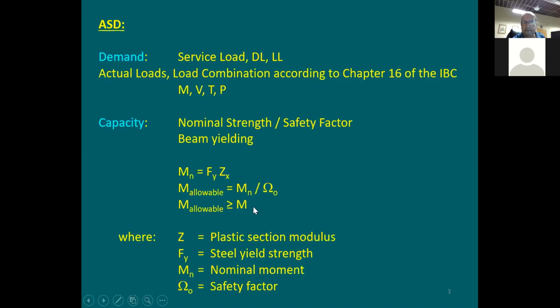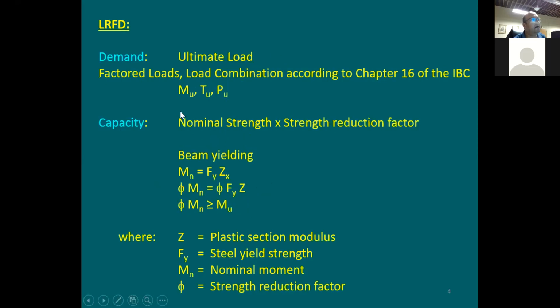Let's take the same two numbers, 100 for the service-level demand, and 200 for Mn, and see what happens if I use LRFD. Number one, this 100 is going to be multiplied by a load factor, let's say an average of 1.4.